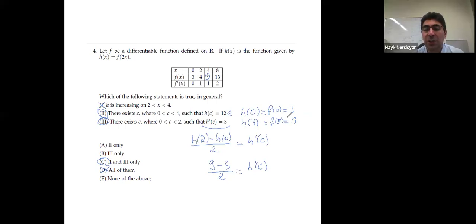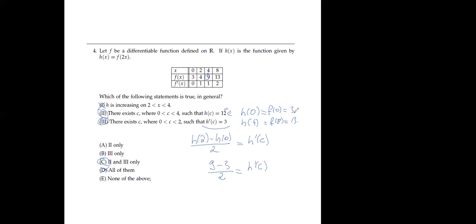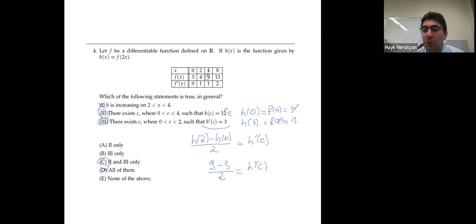It can take any value in between 3 and 13. In particular 12. So any constant from 3 to 13 is achievable by our function. So there exists C such that the value of our function equals 4, equals pi, equals 12.72. Any value from 3 to 13 is achievable by our function, in particular 12.